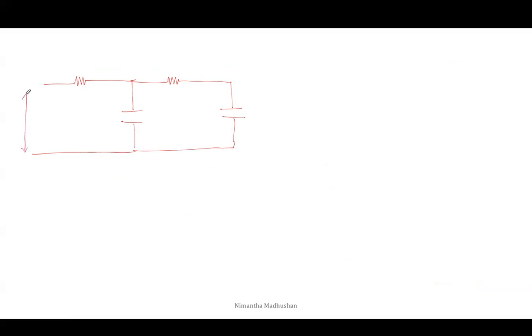We can measure the ZRC from these 2 points. This is ZRC. The value of resistor 1 is 1 ohm, resistor 2 is 4 ohm, capacitor 1 is half farad, and capacitor 2 is 1 over 6 farad. This is the final circuit that we can obtain from the first Cauer form.